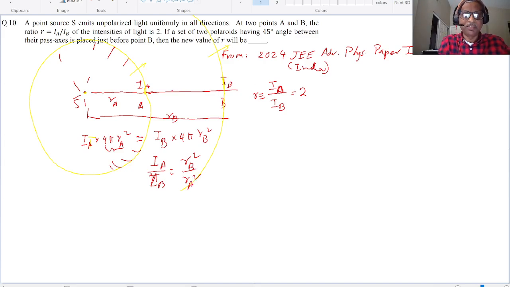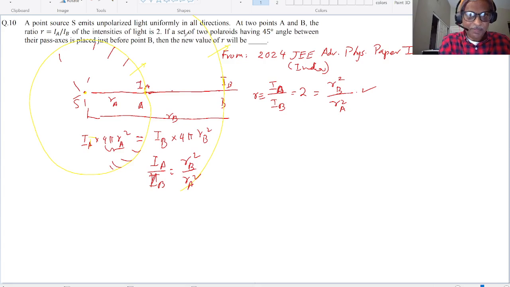This tells you about the distance relationship between them. That's one thing, but this is not necessary to solve this problem. It's just something you should know when the ratio comes up. Maybe it will be helpful in some other problem, but here it is not the concern.